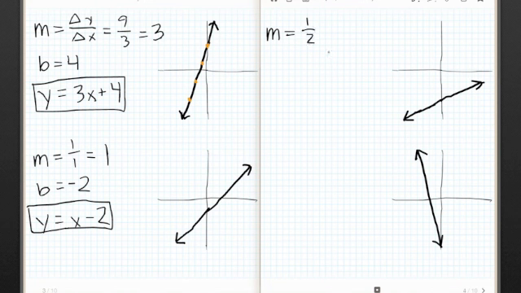That's our slope, 1/2. So we do have a fraction as a slope. The y-intercept is going to be -5. So the equation here will be y equals 1/2 x minus 5. Since b is -5, we write -5.